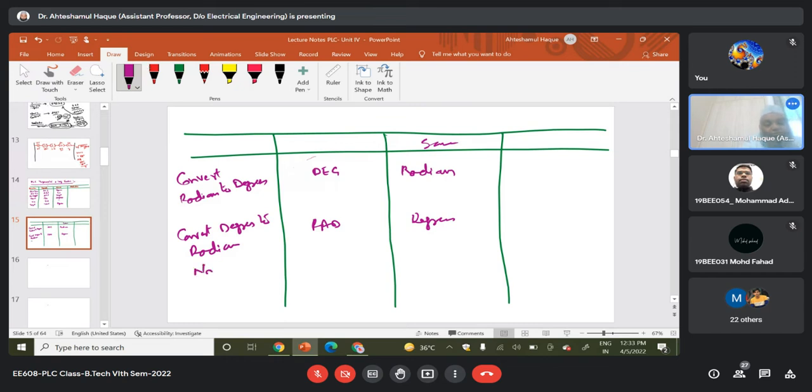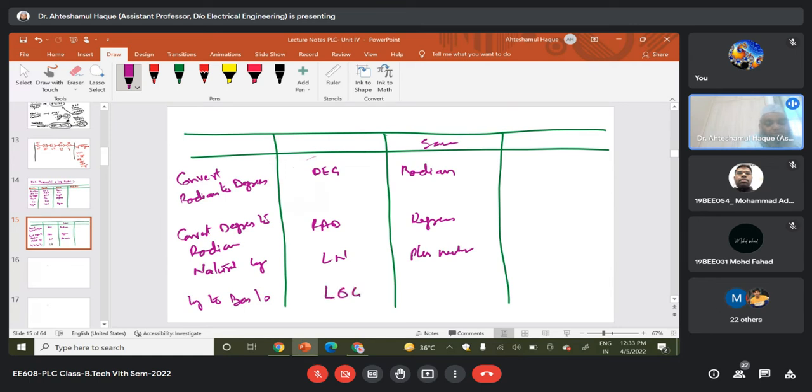Then natural log ln. Okay, this will be some number plus number. Then log 10, sorry, log to base 10.